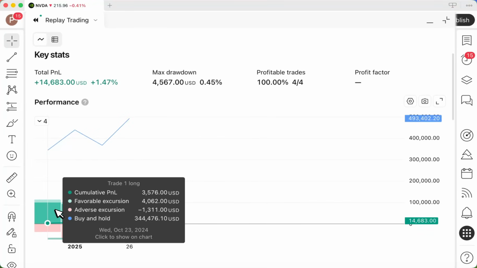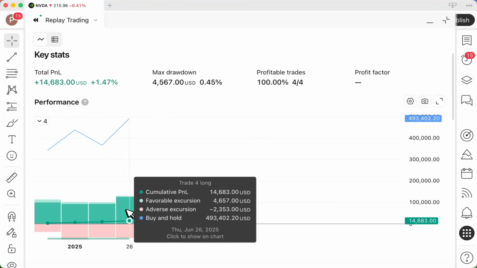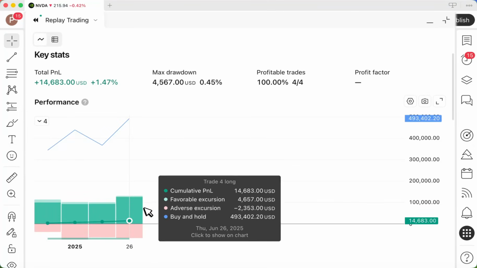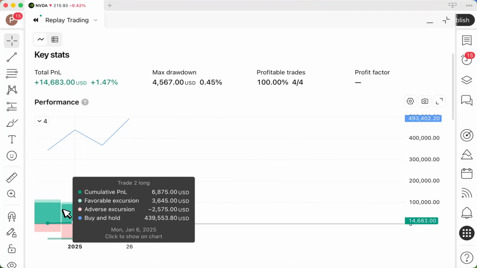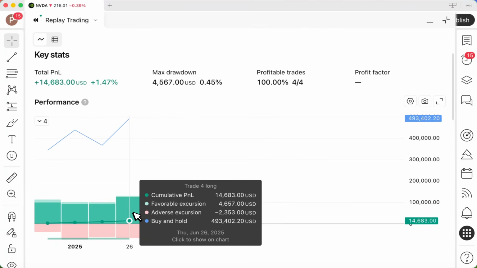Buy and hold, I assume it assumes that you held the position until today. Actually, it assumes you held the position until the end of the bar replay period, which is great practice. So you know how much of that move you actually captured with the buy and hold here.